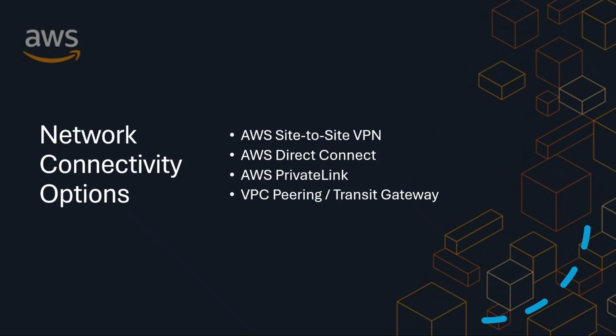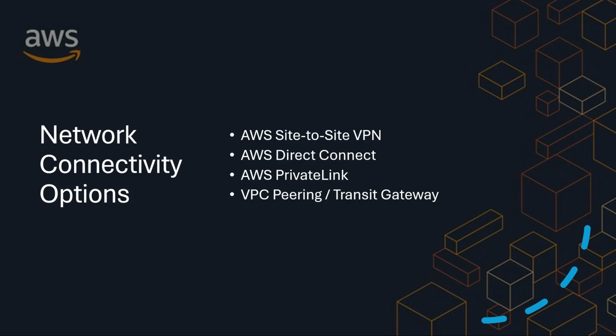AWS provides several connectivity options for hybrid and multi-VPC architectures. Site-to-Site VPN offers encrypted connectivity over the internet, suitable for quick and cost-effective hybrid setups. AWS Direct Connect provides a private dedicated connection to AWS with low latency and high throughput. It is ideal for enterprises transferring large volumes of data.